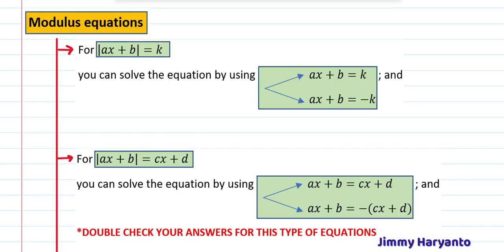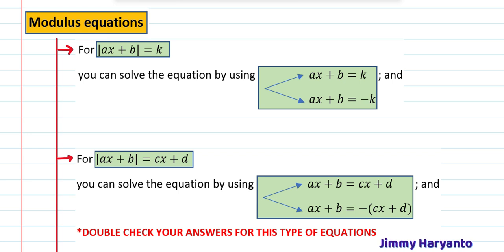Okay, the next part is the modulus equation. There are 4 types of modulus equations. I think you should memorize all of the types because it will make your calculation easier later. The first type is this one: the modulus of ax + b equals k.